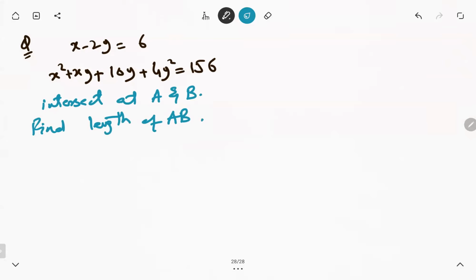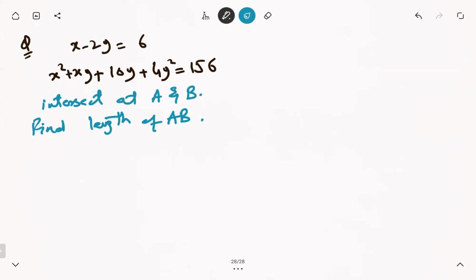We know if we want to calculate the distance between A and B, or the length AB, we'll apply the distance formula. And what is the distance formula? Under root x2 minus x1 whole square plus y2 minus y1 whole square. But to apply the distance formula, we need the coordinates of A and B. So how to find the coordinates of A and B?